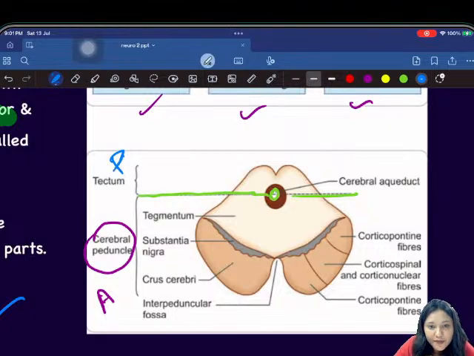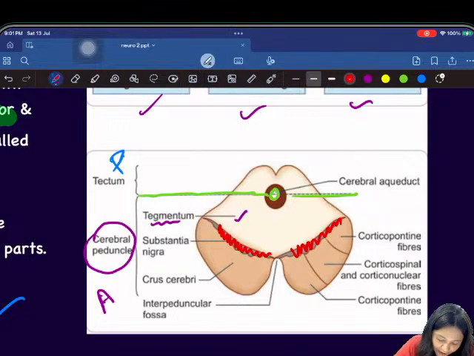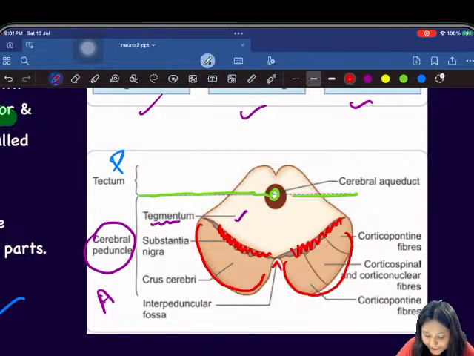Now in the cerebral peduncle, the most posterior part is the tegmentum. Then you have a pigmented area, known as the substantia nigra, and after that the crus cerebri, and in between you have the interpeduncular fossa.